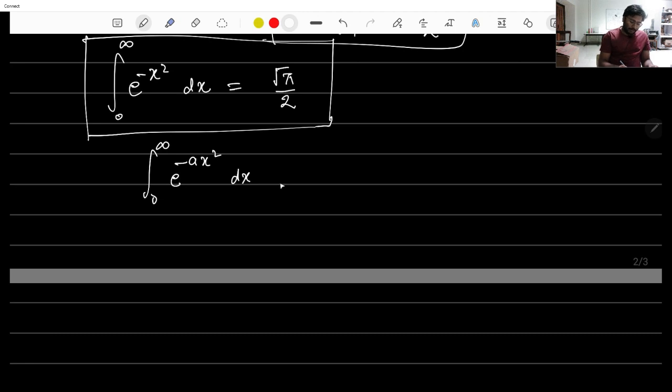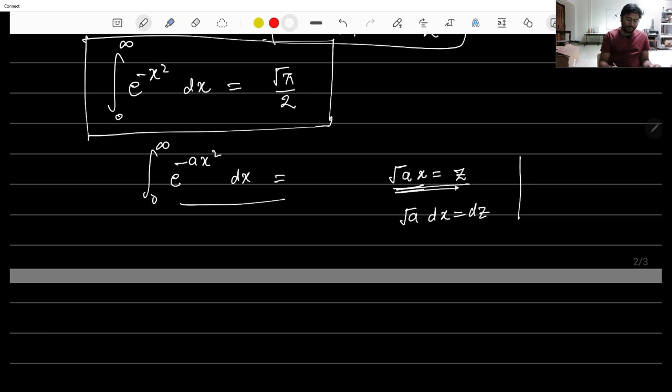How will you evaluate this? Just use the substitution rule: substitute root a times x with a new variable z, so root a dx equals dz, and the limits will be the same. You can check: if you put x equal to 0, z will be 0, and if you put x equal to infinity, z will be infinity, provided a is greater than 0.